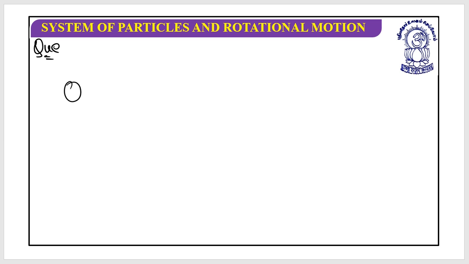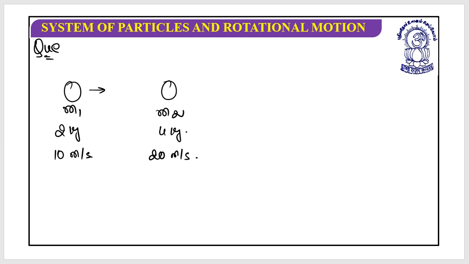Let's suppose this is mass m1 having a mass of 2 kg and moving with 10 meter per second in this direction. This is a different mass m2, 4 kg, moving with 20 meter per second in the same direction. What do they want?